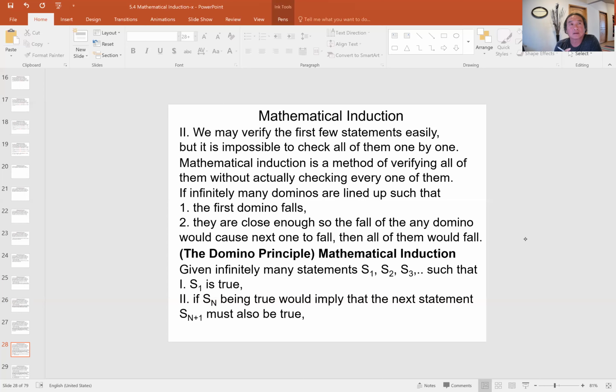That is the tricky part. It's kind of hard to absorb what that means. What it means is that the pattern you know is true up to this point will help the next statement to be true, with the help of the previous patterns. So how do we do it? Let's see.